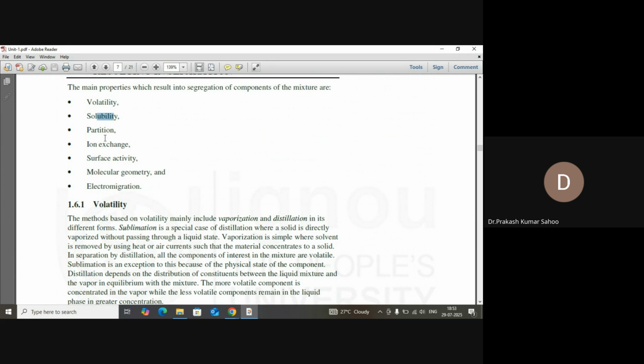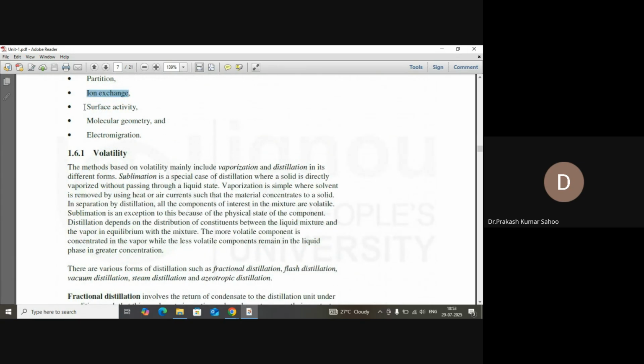Then partition: depending upon their partition coefficient, different components get separated. Ion exchange: the ions get exchanged from the mobile phase to the stationary phase, and from the stationary phase to the mobile phase. Accordingly their separation will be done.